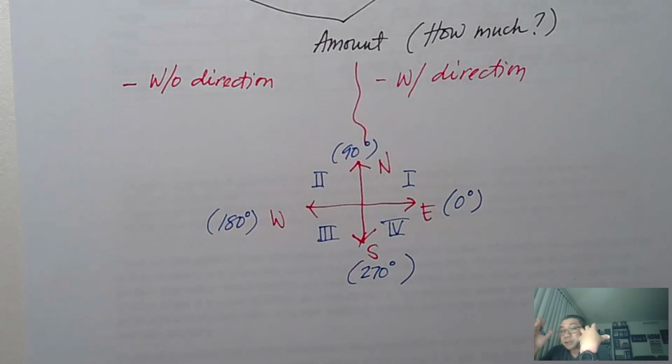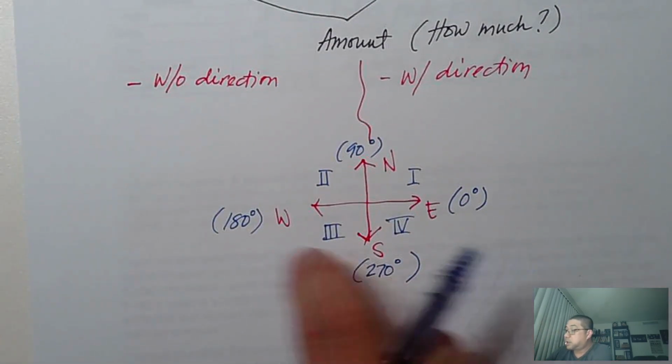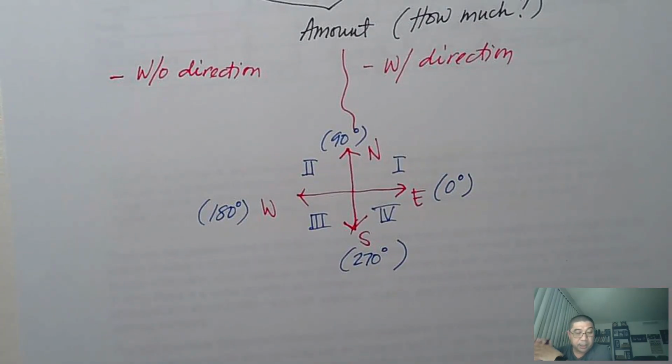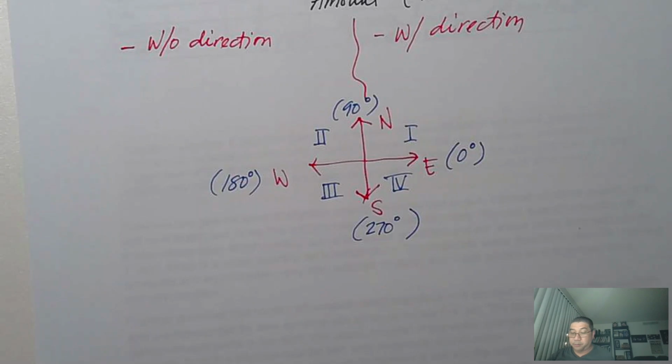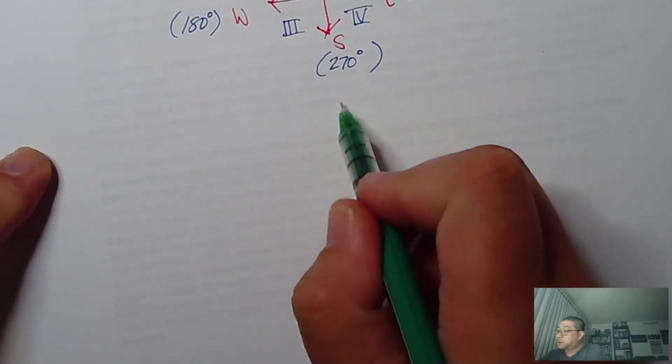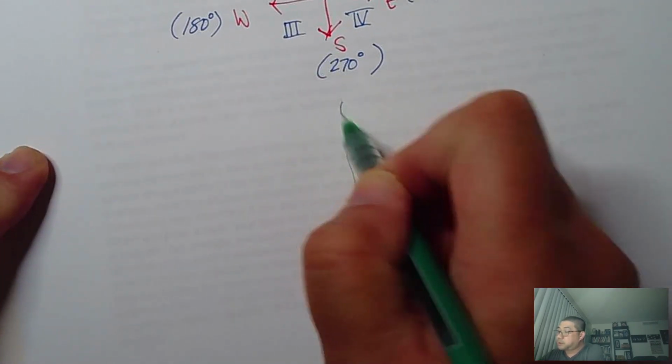So direction can be in terms of north, east, south, west, or it can also be represented by angles. Okay? Now, what are some of the examples of each type of quantity? So let's divide this page into half.